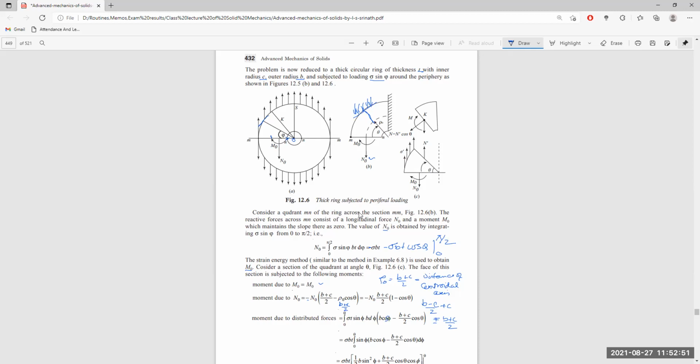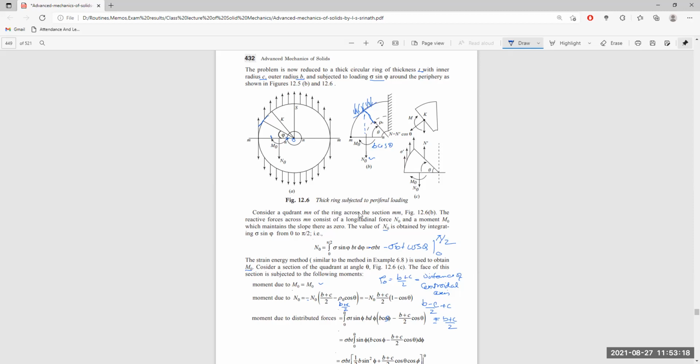If the radius here is d, then the height here should be like this. This length will be d cos theta itself. And (b plus c) by 2 into cos theta is the distance from the axis of the quadrant, rho 0.